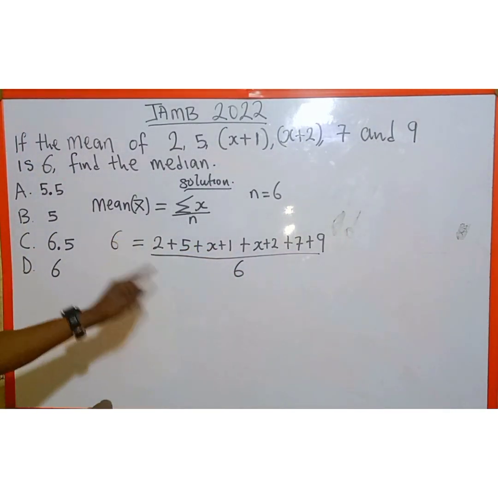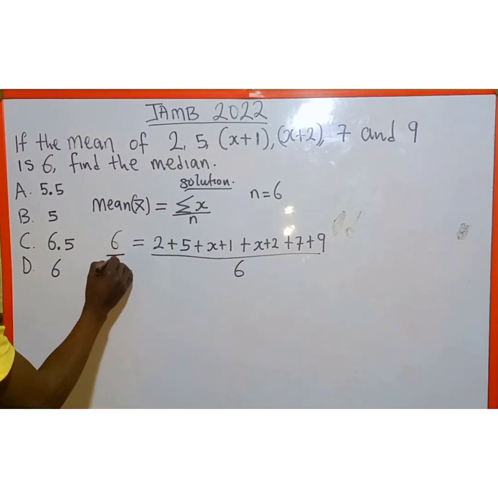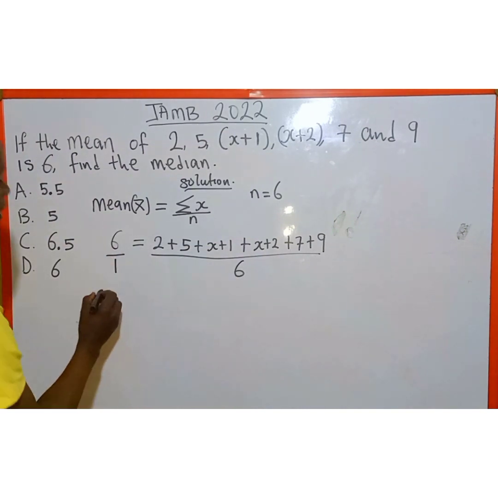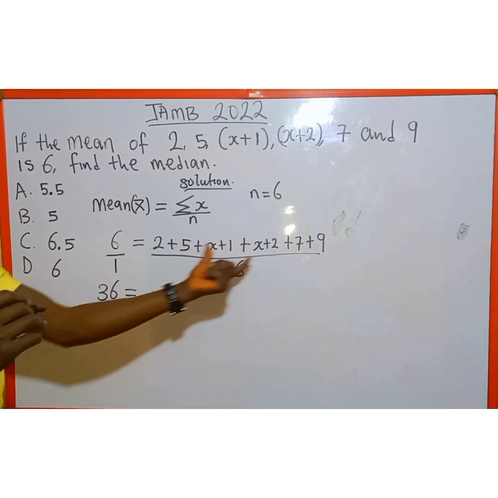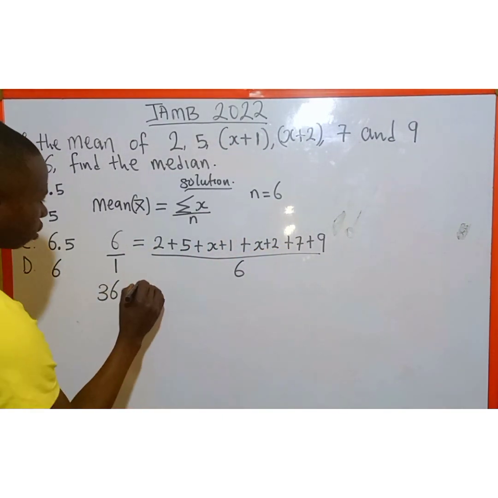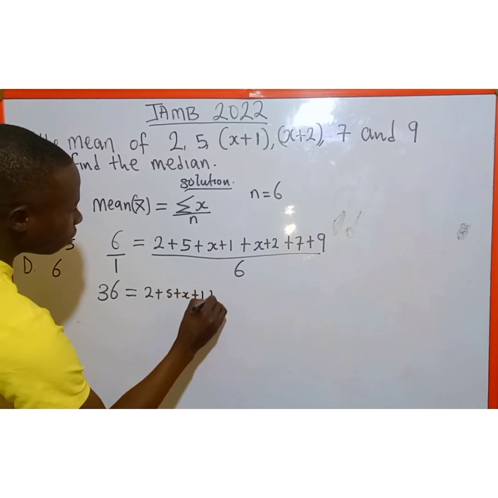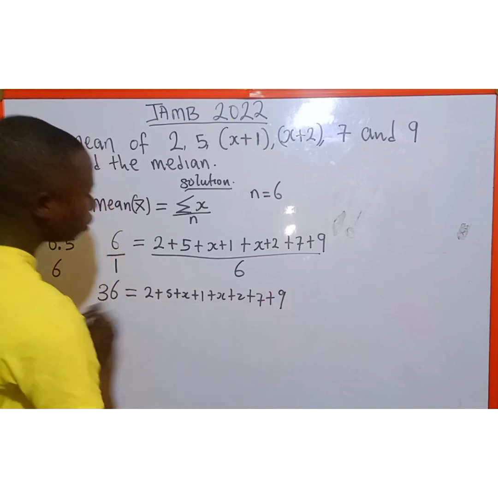To get the value of this unknown, we are going to cross multiply. So 6 multiplied by 6, remember, if I divide 6 by 1 it's still 6, gives us 36, which is equal to 1 multiplied by the whole of this number: 2 plus 5 plus x plus 1 plus x plus 2 plus 7 plus 9.